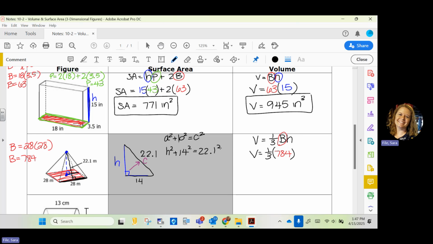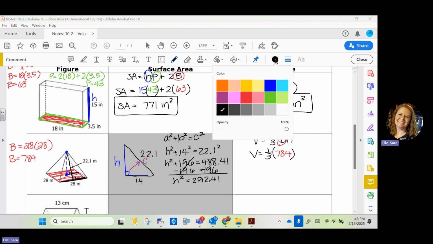So 14 squared is 196. So I have H squared plus 196. And then 22.1 squared is 488.41. And then I would have to subtract the 196 over, which gives me 292.41.